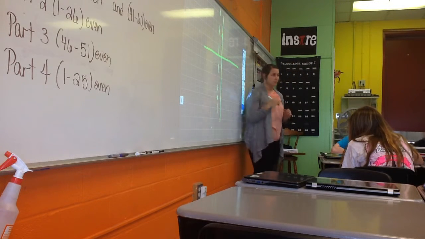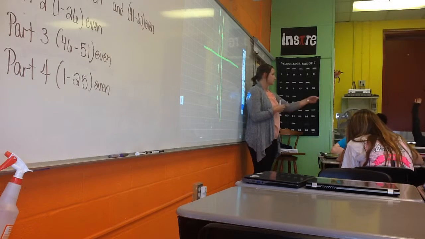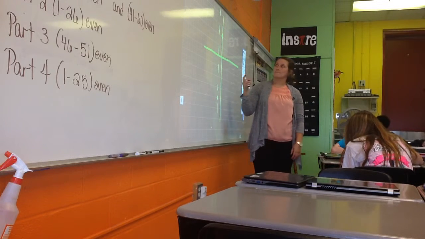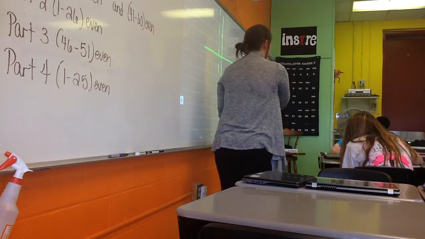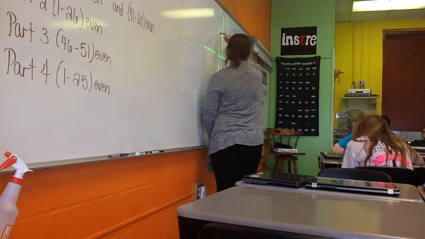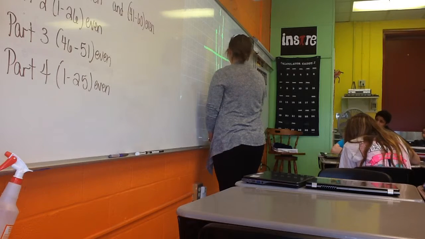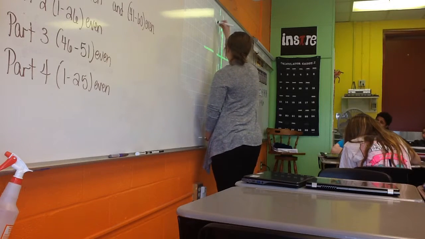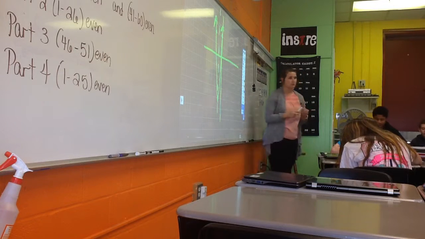Okay? And where do I go from there? You go over the line 2. Okay? How do you know that? Because it has to be equal on both sides. Okay, so I went this way too. So all I have to do is go to the left.